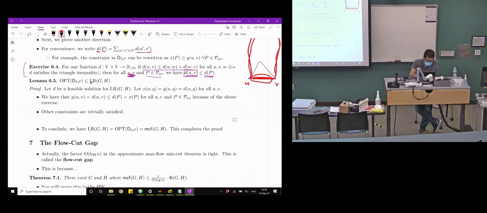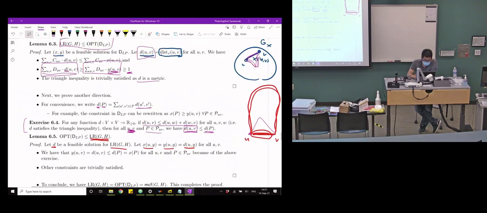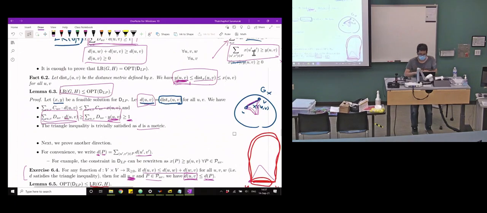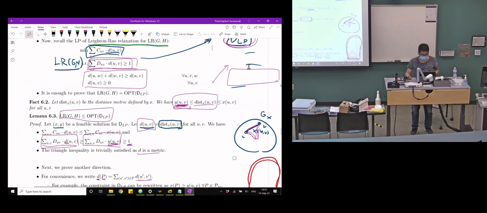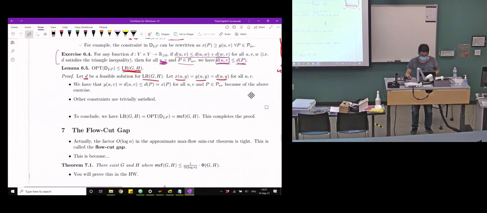We want to say that given the solution in latent round relaxation, we can find a solution that is at least as good. So given the solution D from latent round relaxation, I will define X and Y to be the same thing as D. And now we just need to check that all of the constraints still hold.